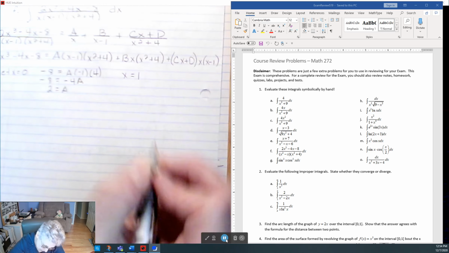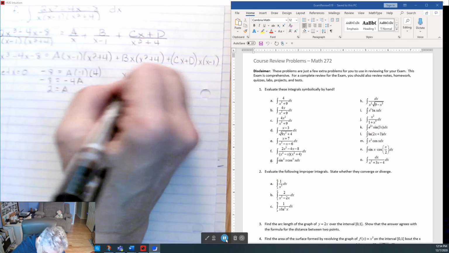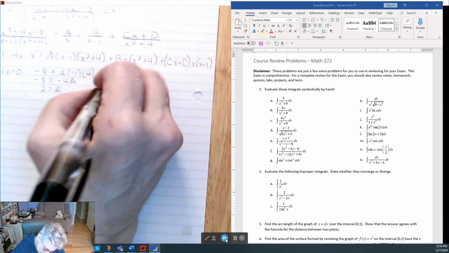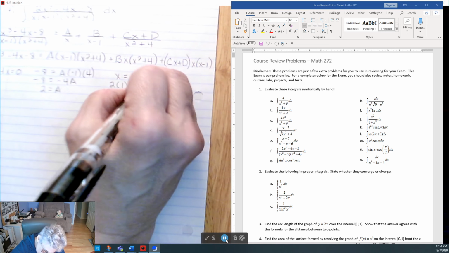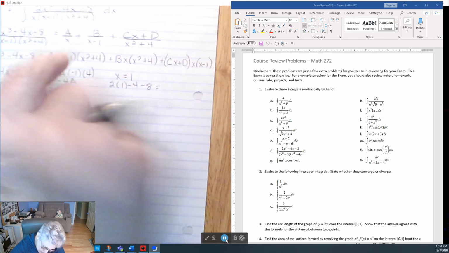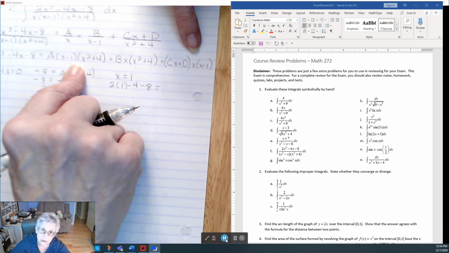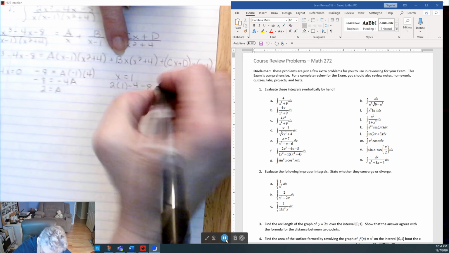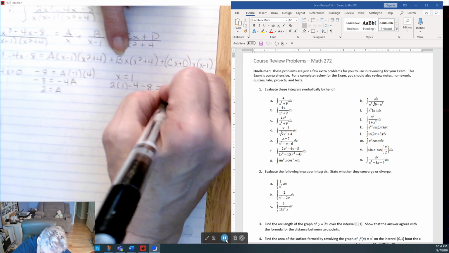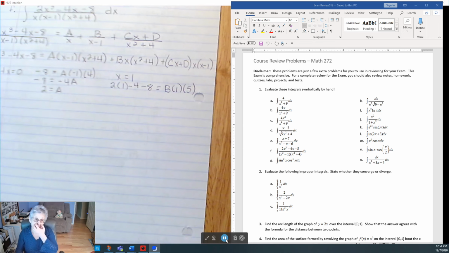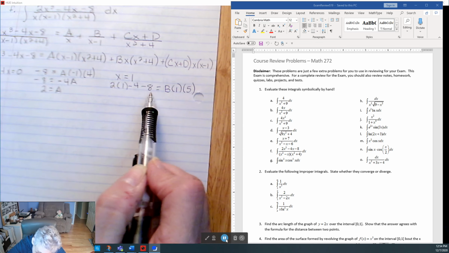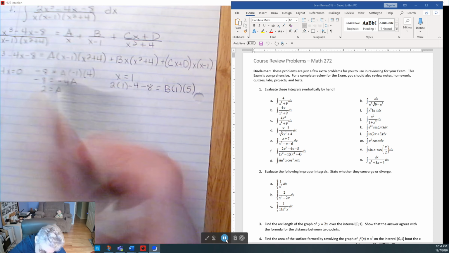Let x be equal to 1. Then I have 2 times 1 minus 4 minus 8, 0, 0, b times 1 times 1 plus 4 is 5. 2 minus 4 minus 8 gives me minus 12.